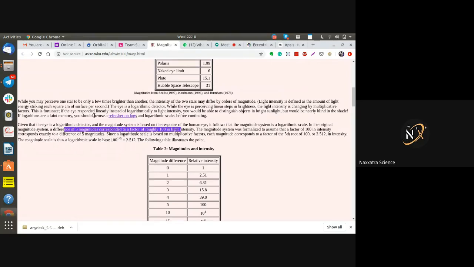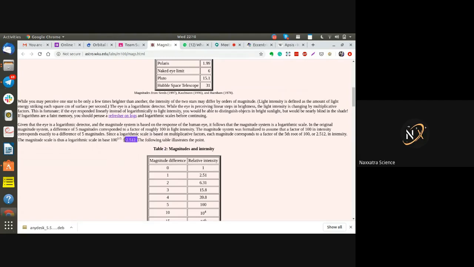If I take 5 steps, my increase is 100 times. If I take 1 step, what is my increase? Because it is multiplicative, you can't just divide. You have to do 100 to the power of 1 by 5, and that gives you 2.512.